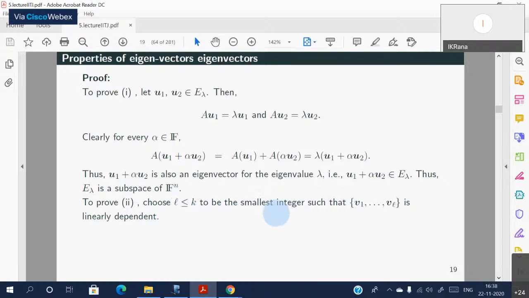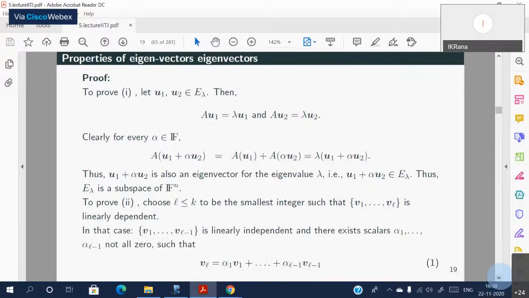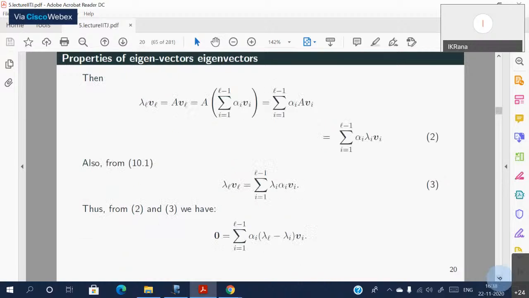So that is the smallest integer that becomes dependent. Because this set is linearly dependent and v1, v2, ..., vL minus 1 is independent, vL must be a linear combination of the previous ones. So vL is a linear combination of the previous v1, v2, ..., vL minus 1. So let us now apply A to both sides.